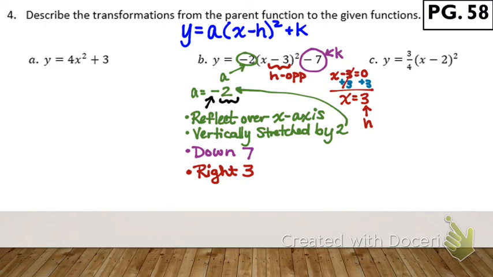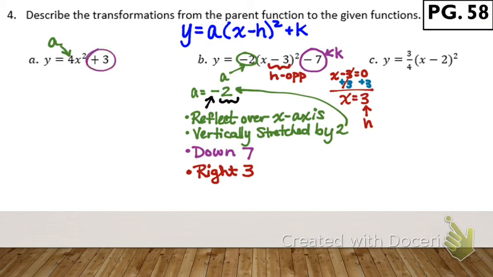All right, let's do these other 2 real quick. When I look at A, do you see parentheses? No. So that 4 in front, who do you think that 4 is, A, H, or K? If it's in front of my x squared and it's not inside parentheses, would that be A, would that be H, or would that be K? A. My A value always comes right after the equal sign, and it will never be inside parentheses.